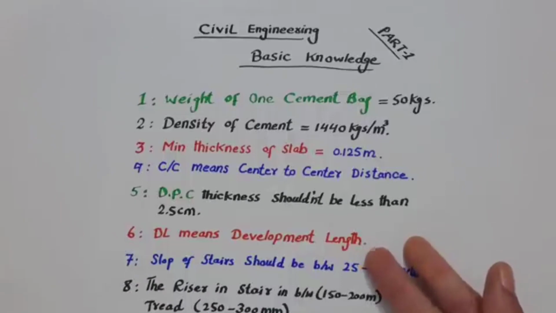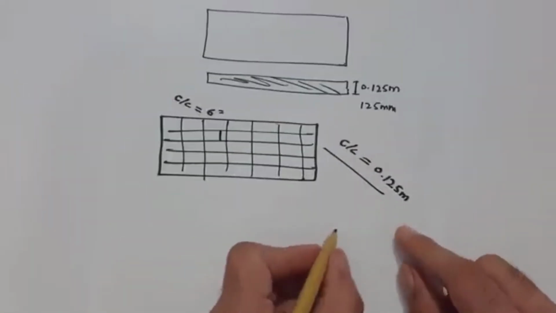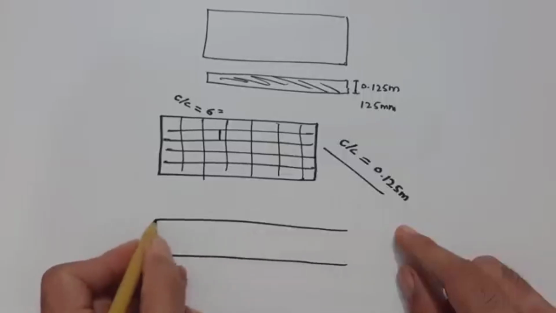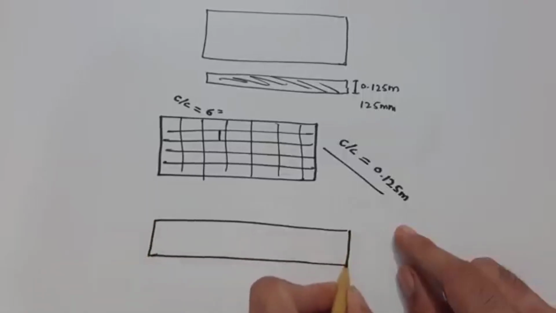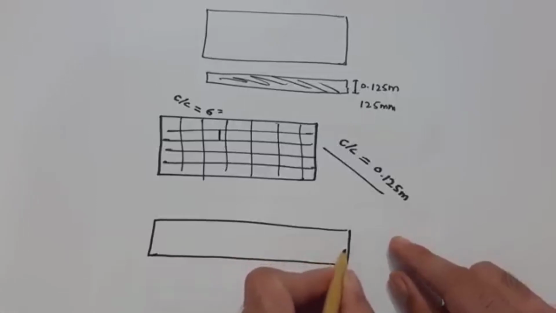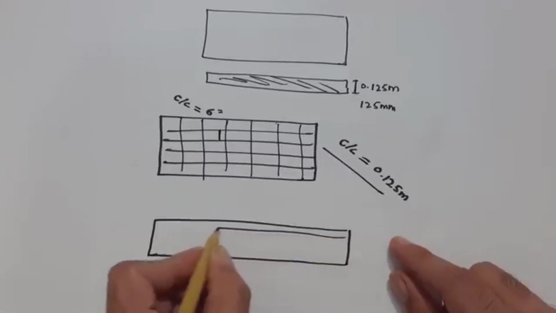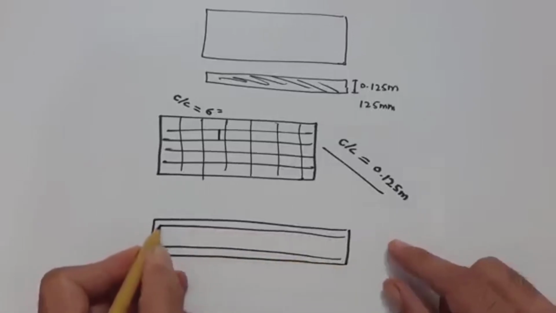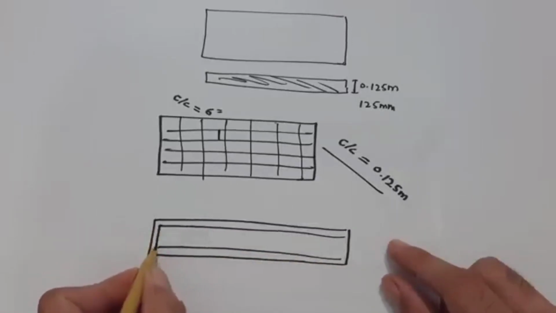Right, the sixth one is, guys, DL means development length. What is development length? Guys, you can see here, this is beam. Inside this beam I am providing the steel rods, in long section. These are steel rods. This one steel is coming to the downside and this one is going to the upward side.